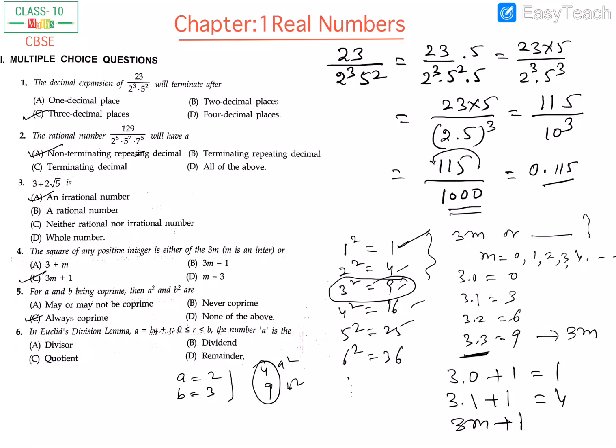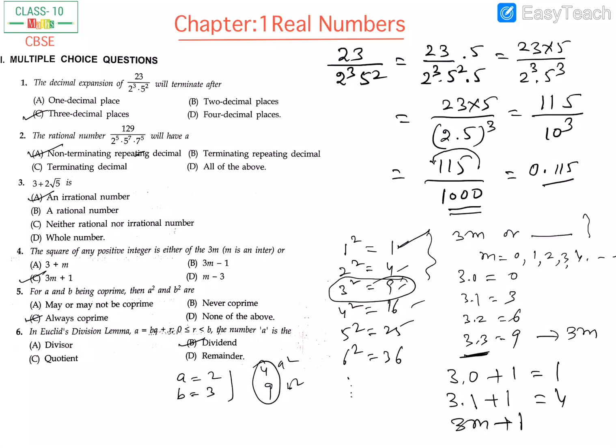Now question number 6. In Euclid's division lemma, a is equal to bq plus r, where r is less than b and greater than or equal to 0, the number a is the dividend. So option B is correct. b is the divisor, q is the quotient, r is the remainder.